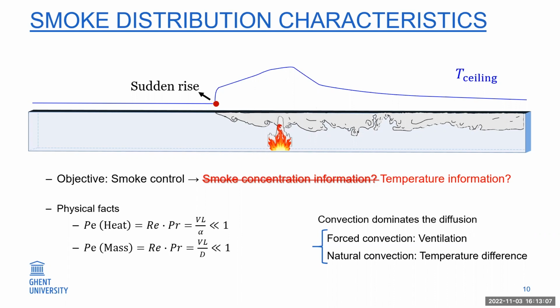So if you want to control the smoke, you just need to control the heat, because the mass and the heat are both dominated by convection. And for the tunnel fire, the convection is mainly induced by two sides. The first is the forced convection, induced by the ventilation system. The second is the natural convection, induced by the temperature difference.